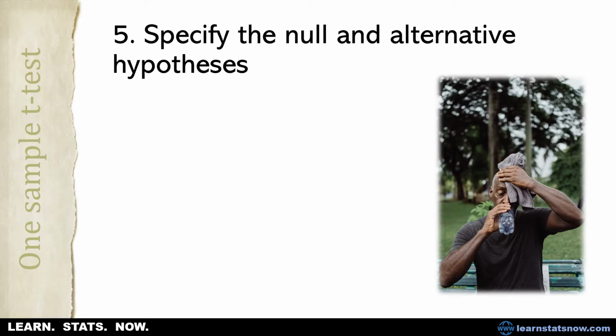Then we're going to specify the null and the alternative hypotheses. Okay, so the null hypothesis is going to be that the mean for our sample simply equals the mean of the population, or 90 degrees. So the notation here, when it says mu equals 90, what that means is that we're using a sample of temperatures from this past September to represent the larger population of temperatures from last September, and that's what we're really interested in, right?